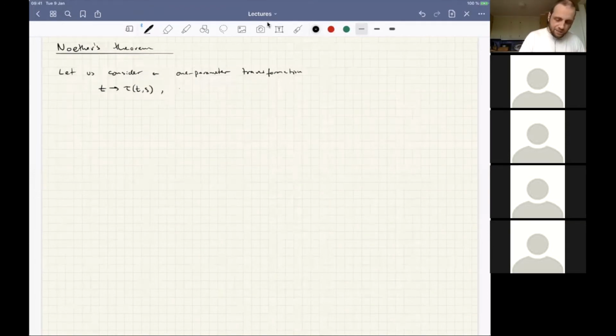And at the same time, I'm going to send all of the coordinates q^A to new coordinates, which are going to depend on the q and also on this symmetry parameter. For example, I just write the example here on the right, time translations.